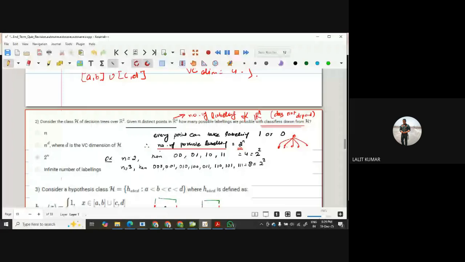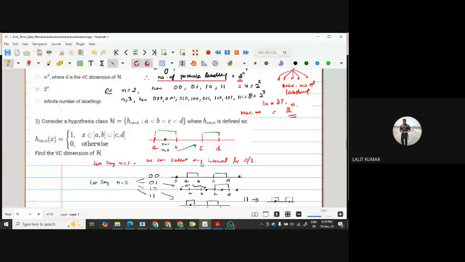They can duplicate, but we are asking for the max number of labelings. So in a decision tree, the max number of leaf nodes is 2 to the power n. That is the answer for this.